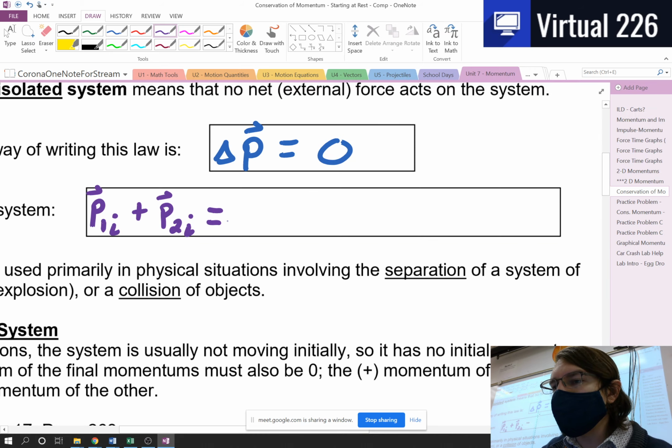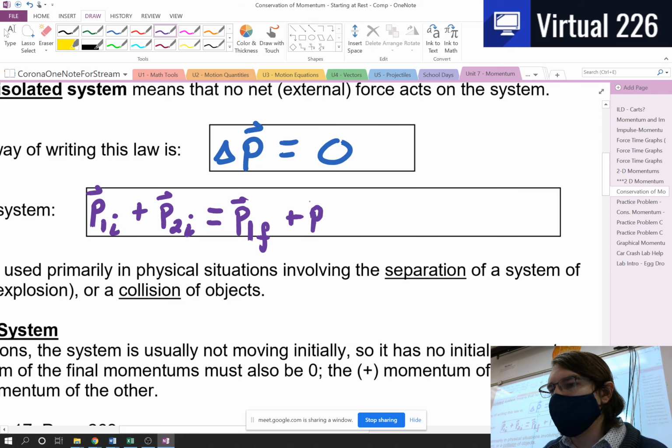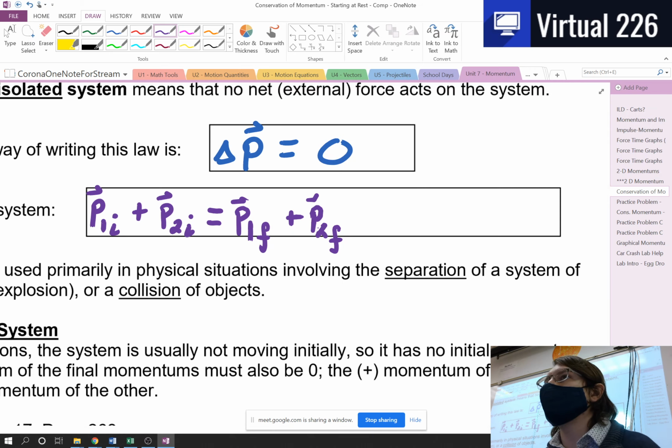This must equal the momentum of the first object in a final position at the end plus the momentum of the second object at some final state. So maybe I'm driving and you're driving, and then we crash. If we're the only objects there, we are an isolated system, there's no outside forces, it's just us. We have some initial momentum, and we have final momentums.